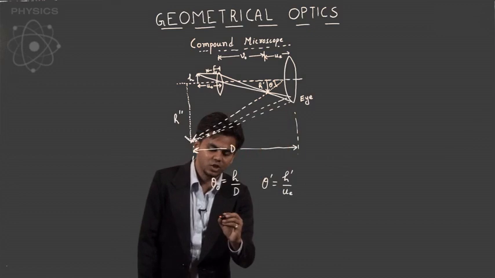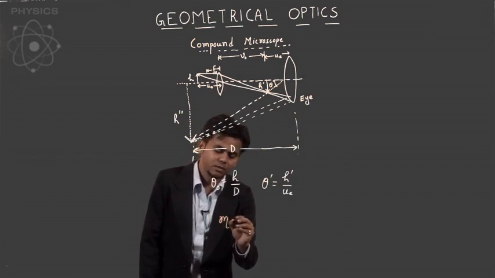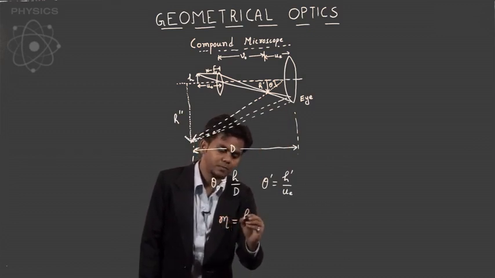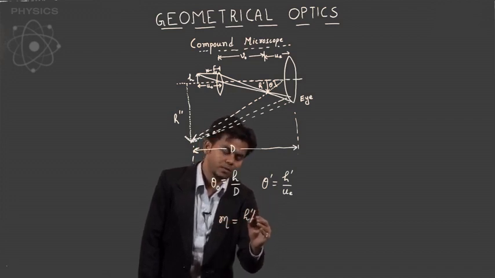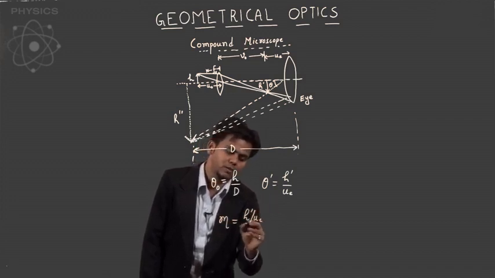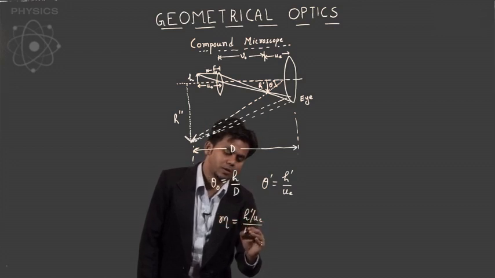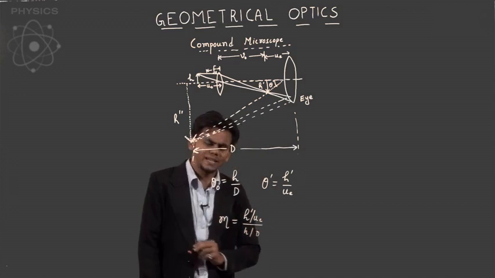So magnification M would be equal to h dash or h prime on UE on h by d.